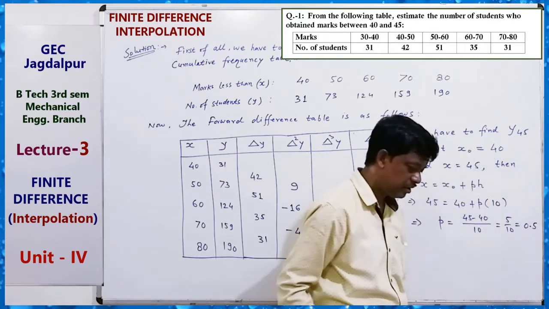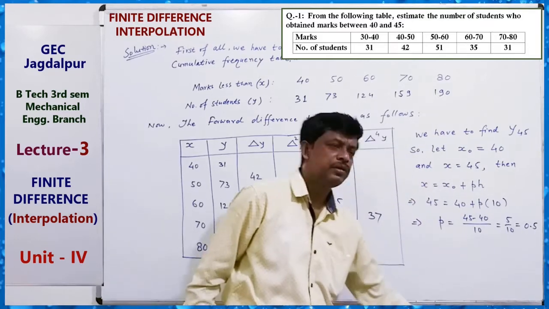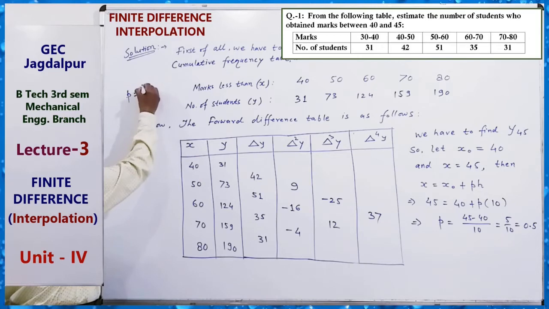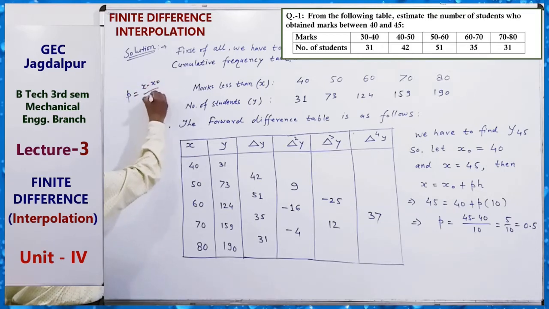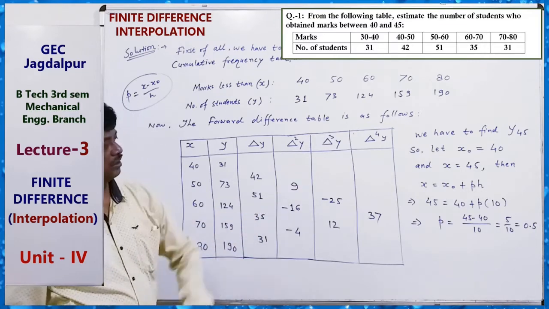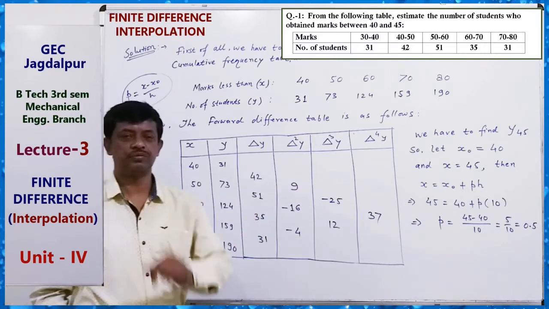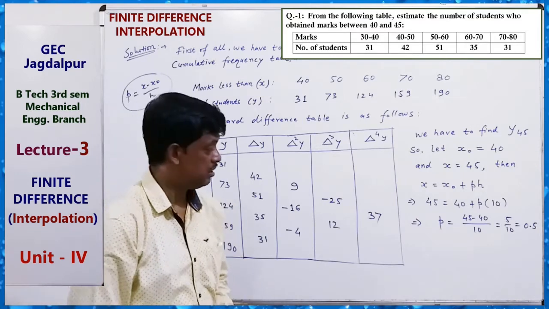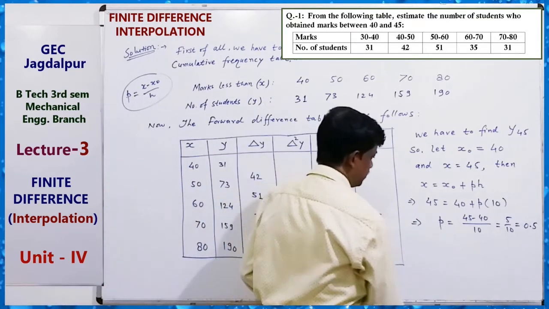0.5. Clear? So p can be found by x minus x0 by h. This is our formula. So p is equal to 0.5. First of all, you have to find p. This is required. Clear?